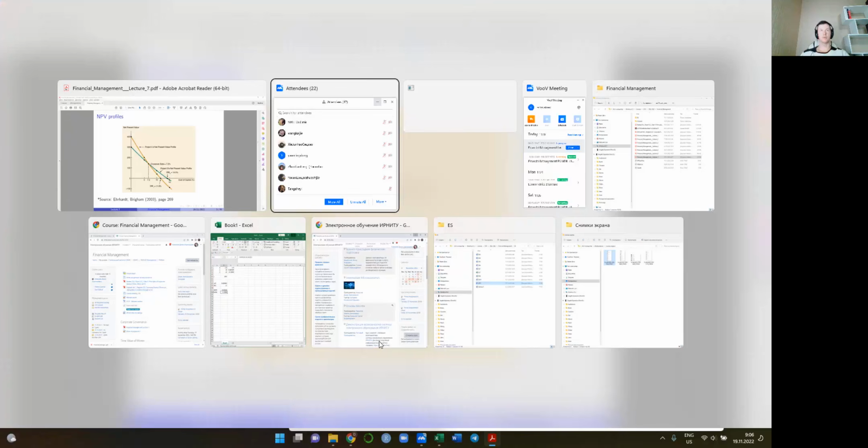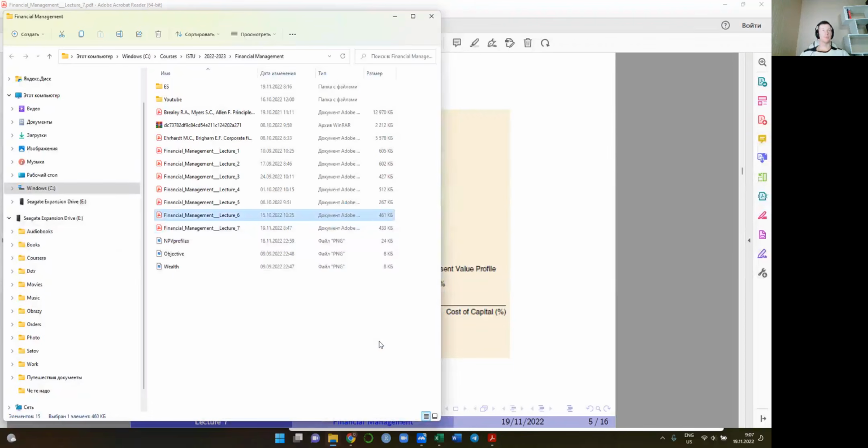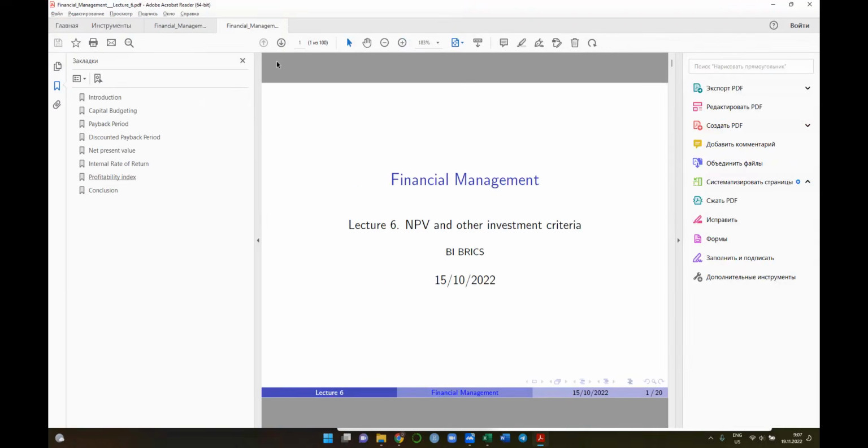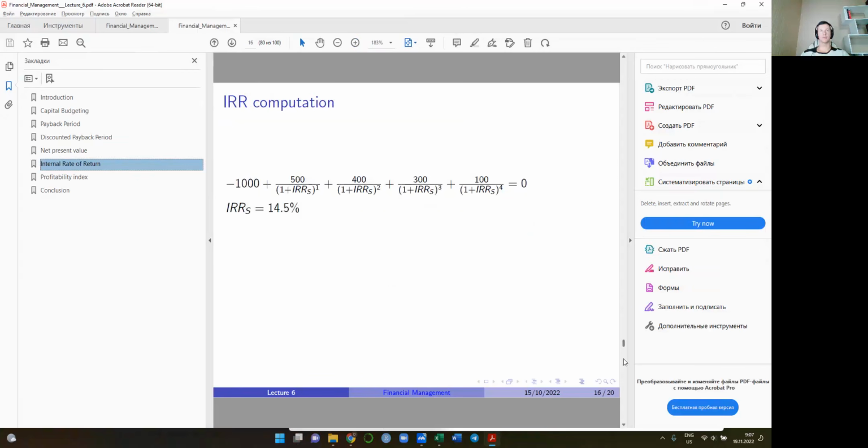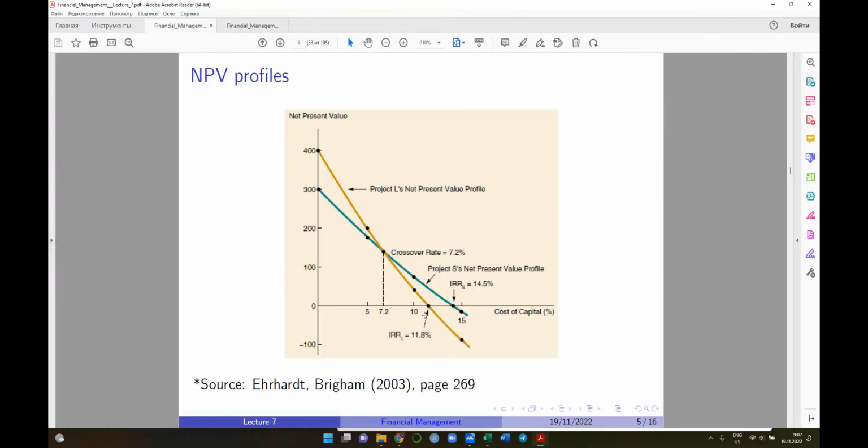So just to prove that I am not lying to you, when we spoke about internal rate of return, we computed this number, 11.8, precisely for this project.